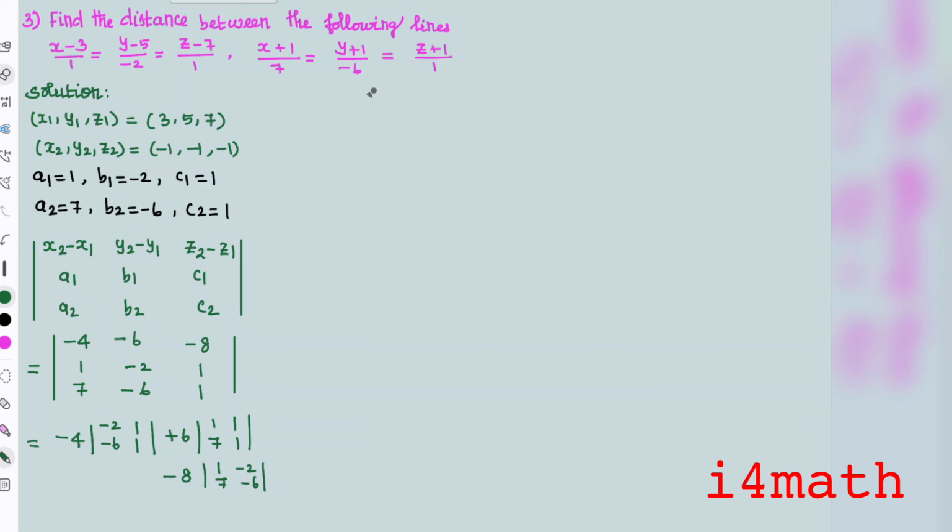Next, let us find the value of the determinant minus 2, 1, minus 6, 1. Just do the cross multiplication.